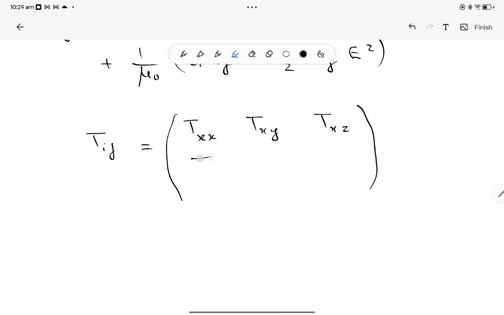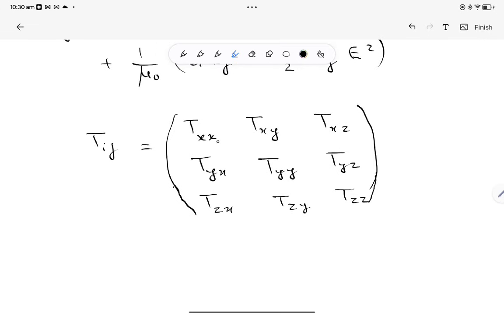Next we have Tyx, Tyy, Tyz, and then we have Tzx, Tzy, Tzz. So these are the elements of this Tij. This tensor is a second rank tensor, second order, because it has two indices. Its components are 9 components.